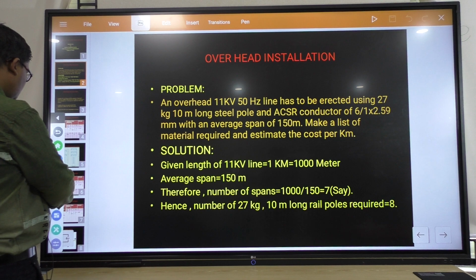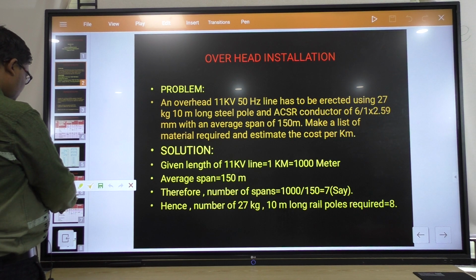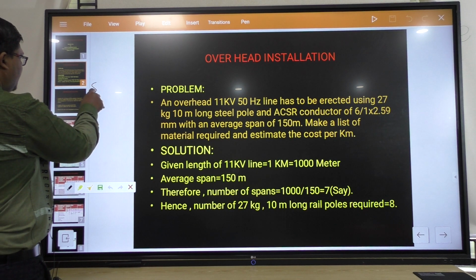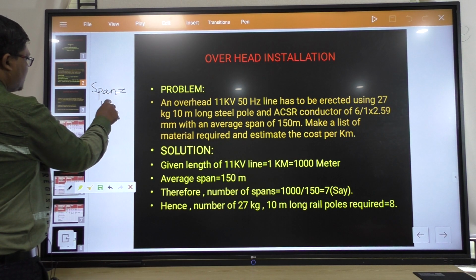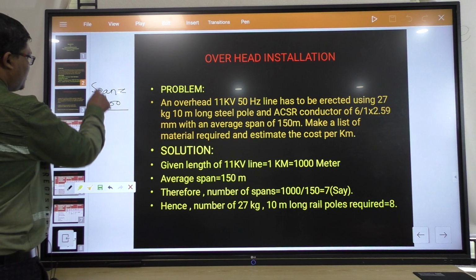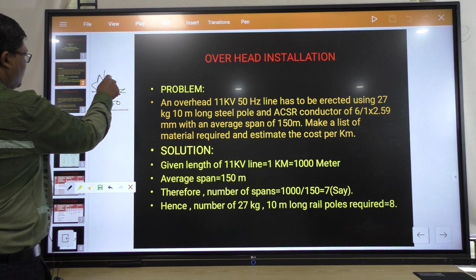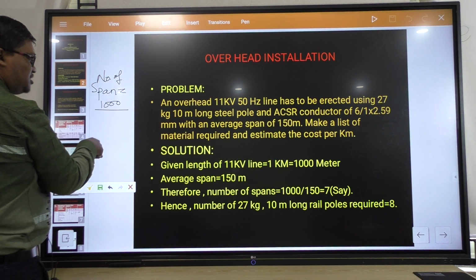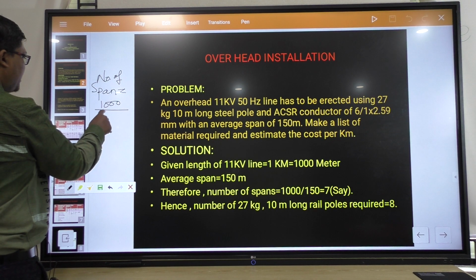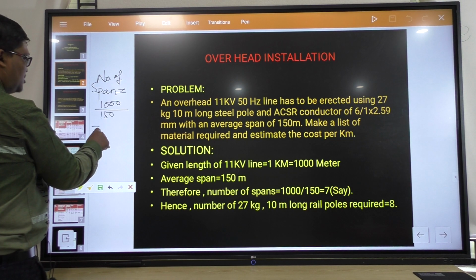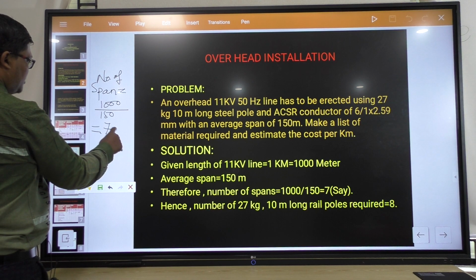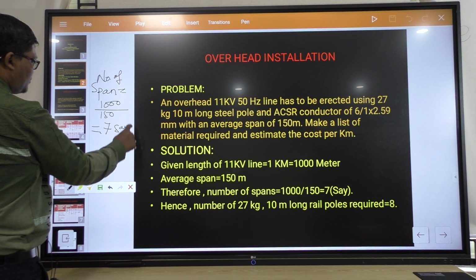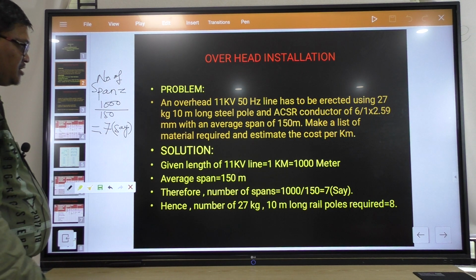The number of span is equal to 1000 divided by 150. It is coming around 7.